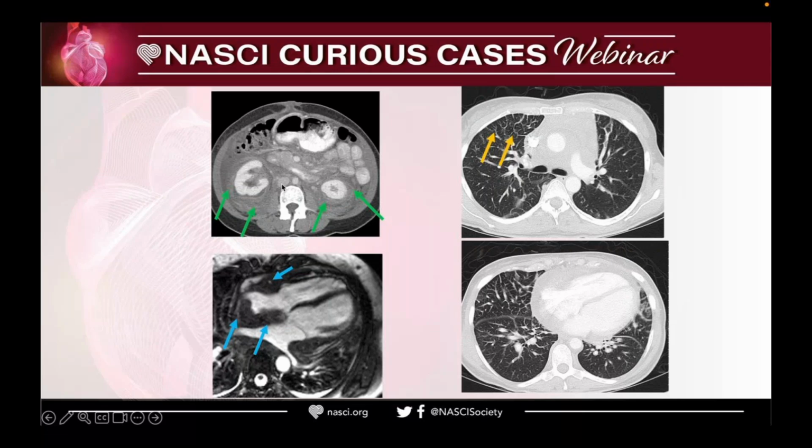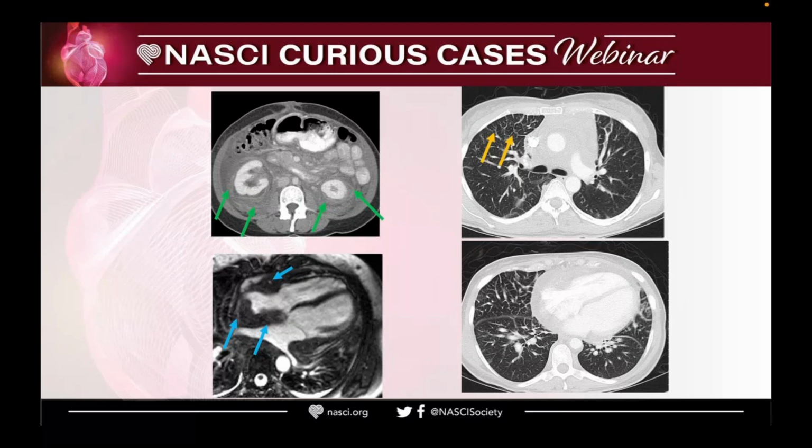And the abdomen shows extensive perinephric soft tissue infiltration here, bilateral perinephric infiltration. And there is bilateral interlobular septal thickening throughout the lungs. When you see that picture, you want to start to think of a multi-system disease that involves the heart, the lungs, and the abdomen as well.